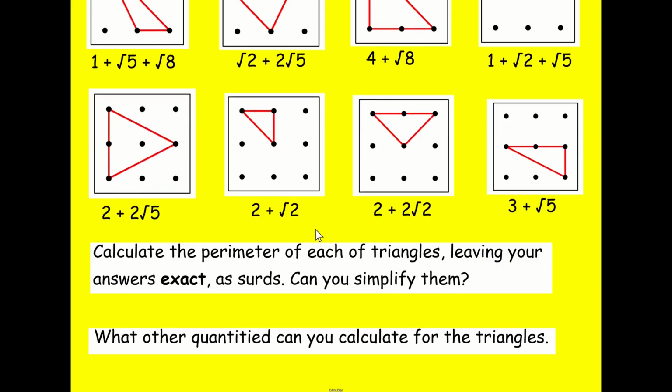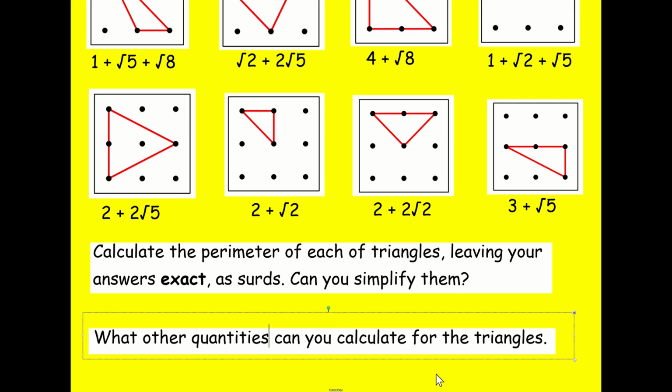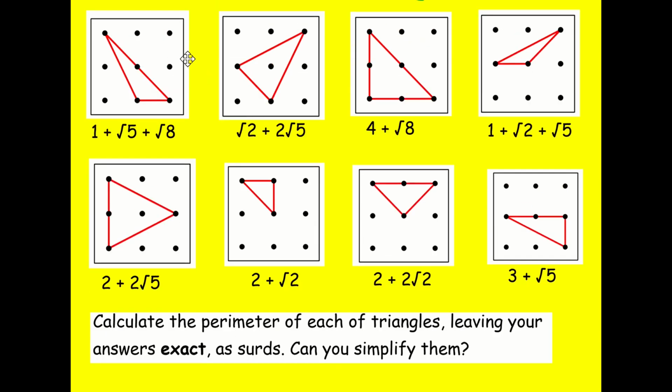My only final question, if you have the time, is what other quantities can you calculate for the triangles? So I want you to pause the video and have a think, and then I'm going to give some suggestions. Okay, so some suggestions are you could try and find the area of these triangles.